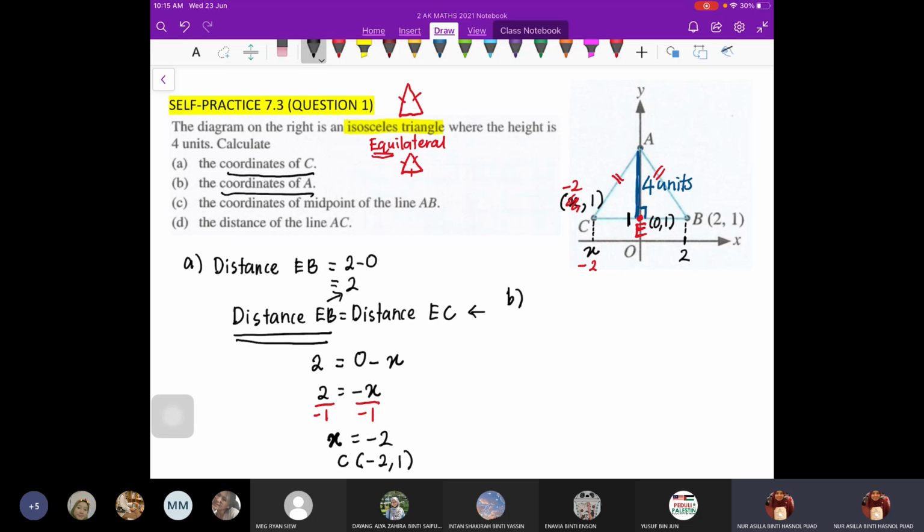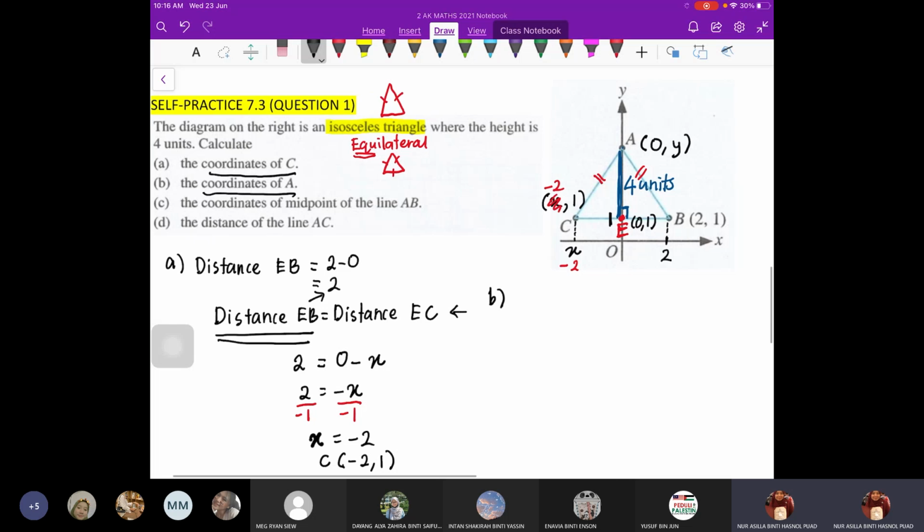Coordinate of A. So A is 4 units di atas daripada point E. Okay. That is my clue. Distance given is 4 units. Jadi A, I know coordinate X dia which is 0, but Y I don't know. Okay. So gunakan konsep vertical distance.